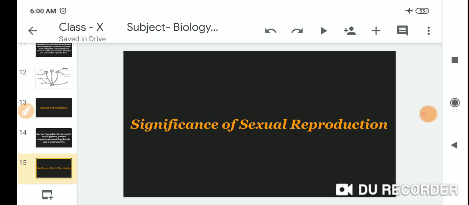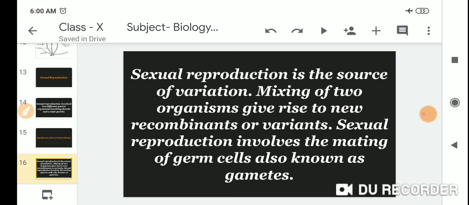Significance of sexual reproduction. Sexual reproduction is the source of variation. Mixing of two organisms gives rise to new recombinants or variants.